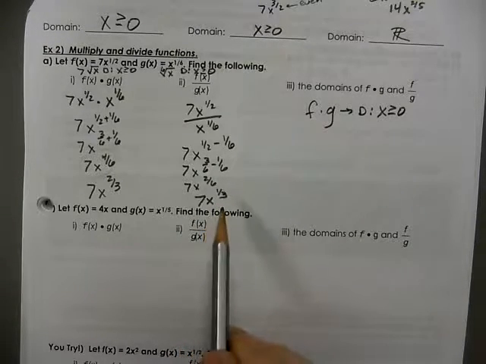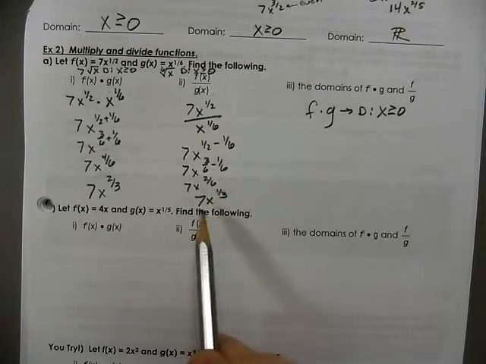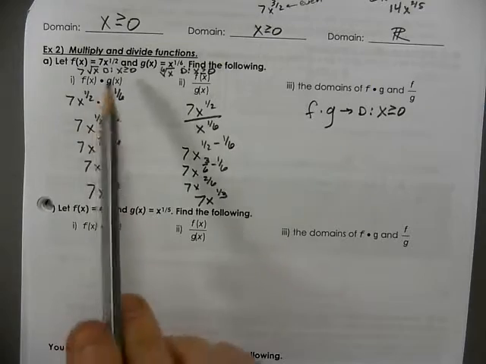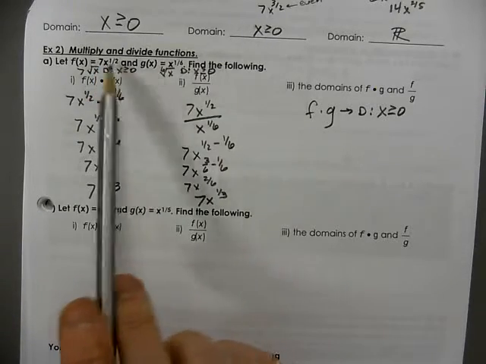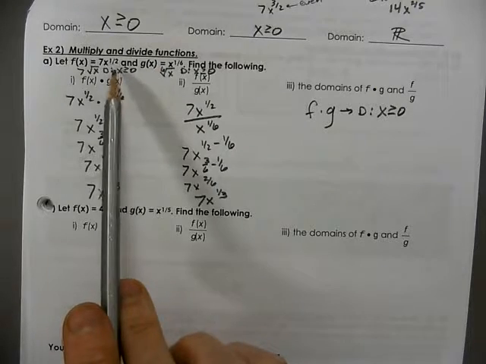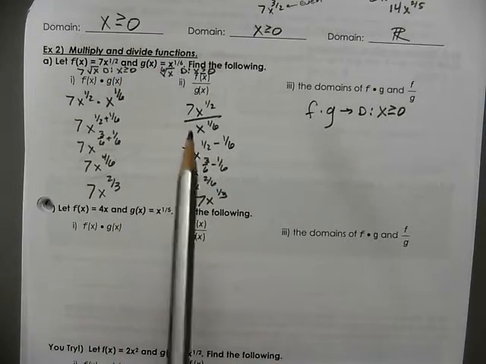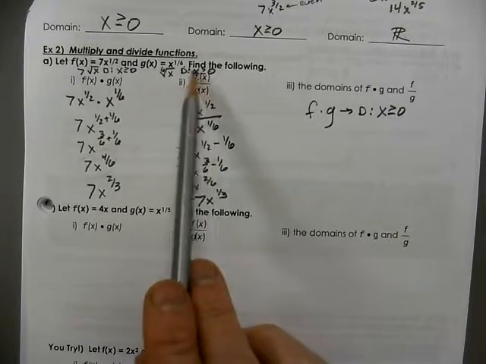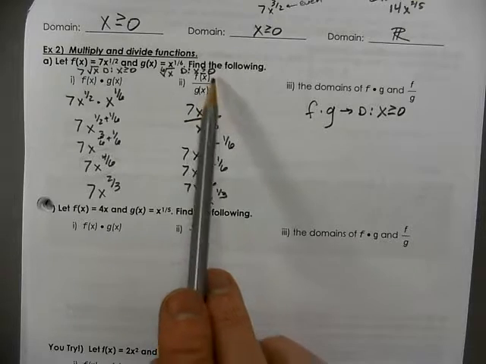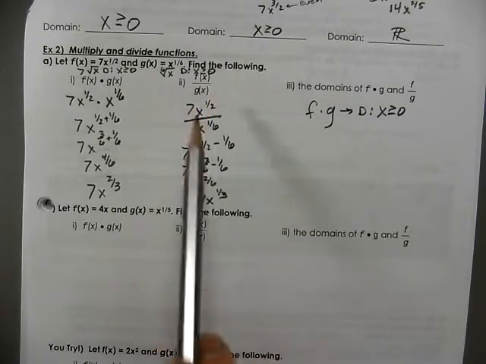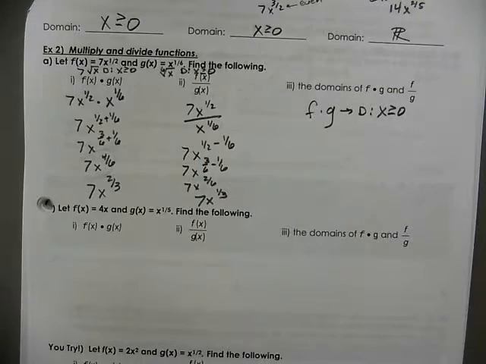But because this expression was made from these two parents, that were both having domains non-negative, we cannot include any of the negatives. But looking at the format of the question, there's also an additional requirement. What situation do we have to worry about?